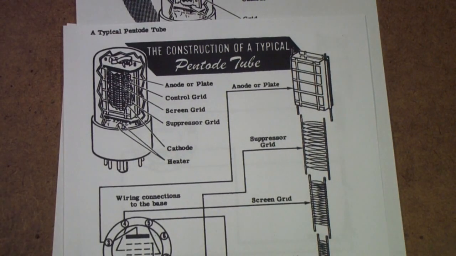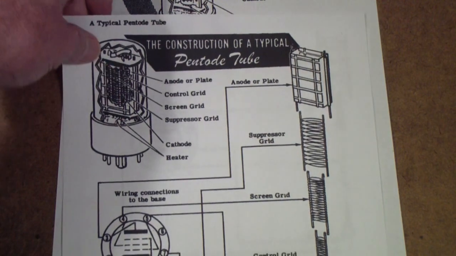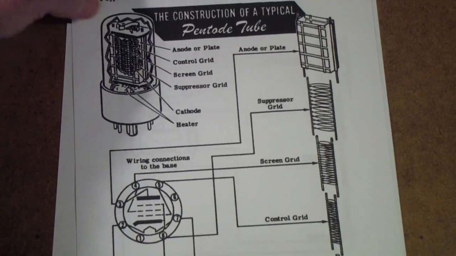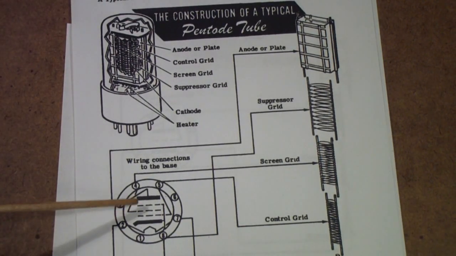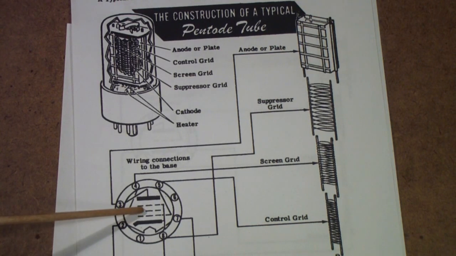Eventually, a type of tube was developed that was called a pentode tube. You notice that this is one that has 3 grids, and this was done. Initially, a grid was put in between to help cut down.